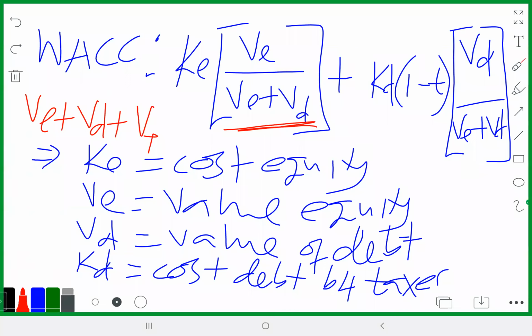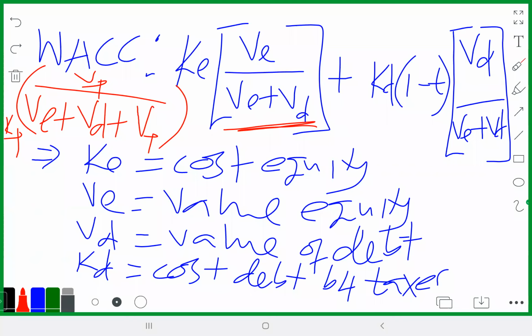Then you add to the last part the value of preference shares multiplied by the cost of preference shares. Preference shares also have a cost, but most of the questions you get don't have this full version.